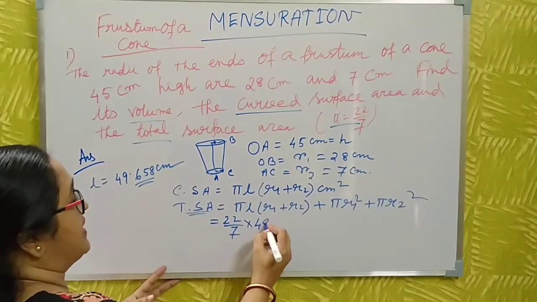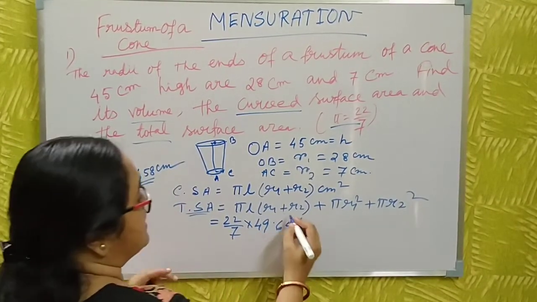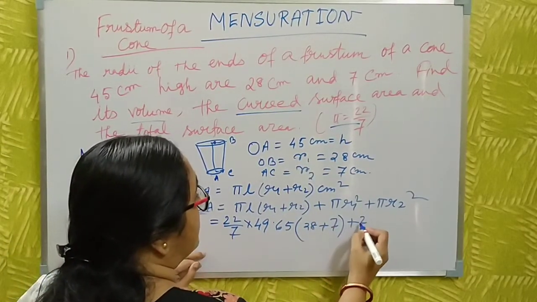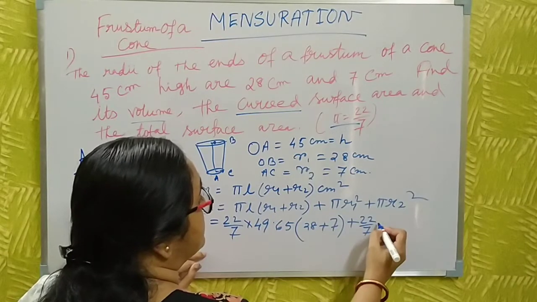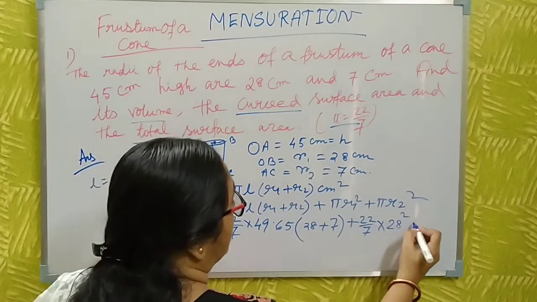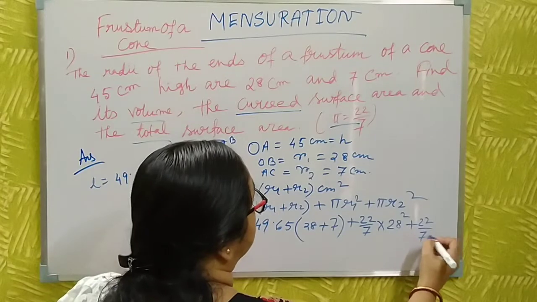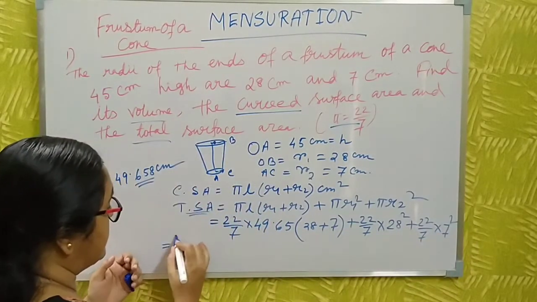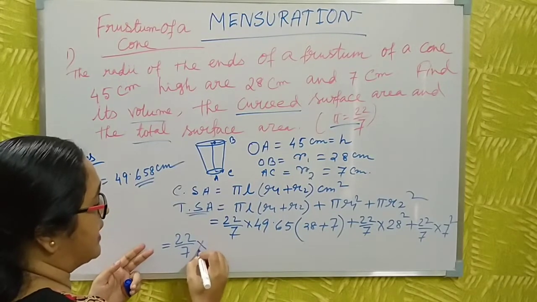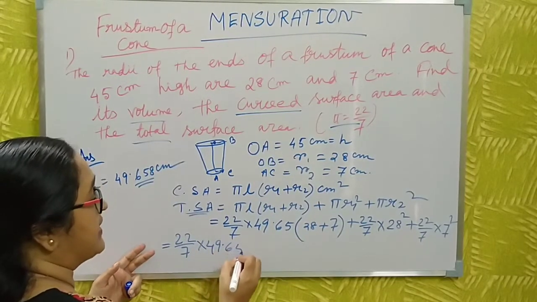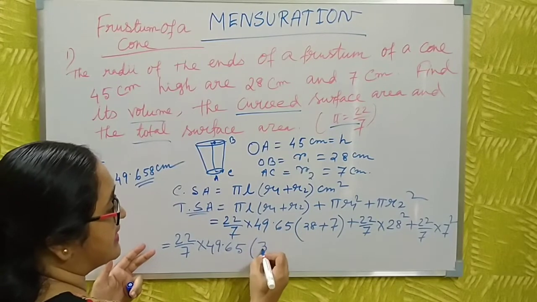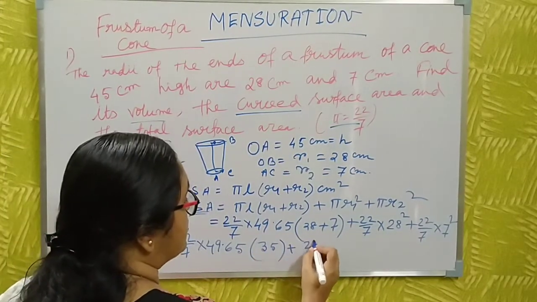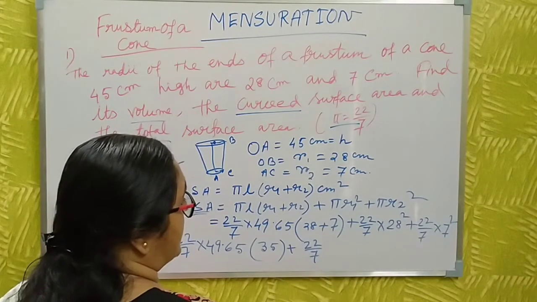Okay, 49.65, and here R1 plus R2, 28 plus 7, and you put here 22/7 into 28 square plus 22/7 into 7 square, and then you just calculate in the rough. I also do it in the rough. Then I write. Then this is 35, and then you just put it here.